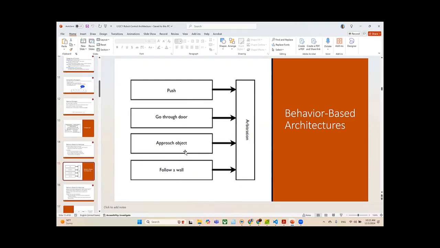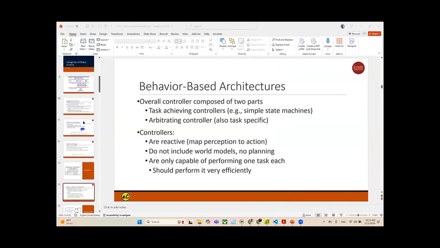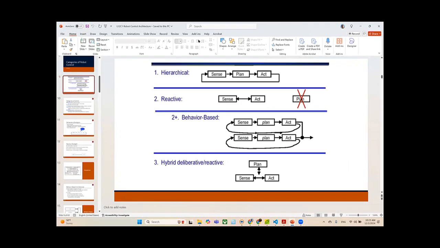When you do computing, you go through the four different paths at the same time, and then your arbitrator, the controller, decides whether to push the door, go through the door, approach the object, or follow the wall. This is called behavioral-based. It means you already pre-compute several different plans at the same time, so that you just pick one of plan A, B, C, D.